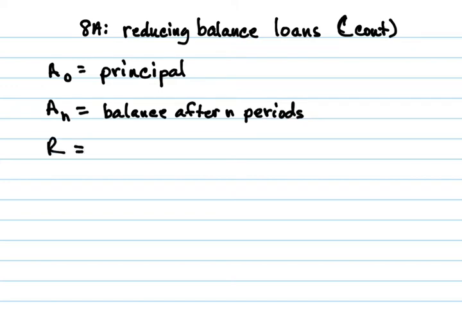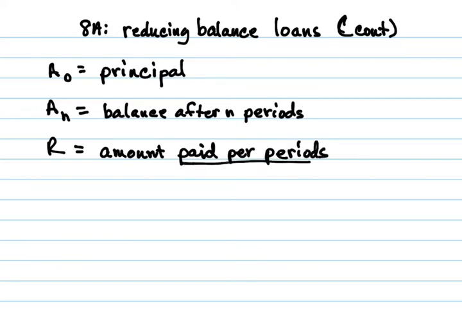Capital R stands for what? Capital R? No? Nobody? The amount paid per compounding period. And this is where you need to make sure you're very careful, because they might give it to you yearly, but the compounding period is quarterly, whatever. You need to make sure you make that match if they do that to you.